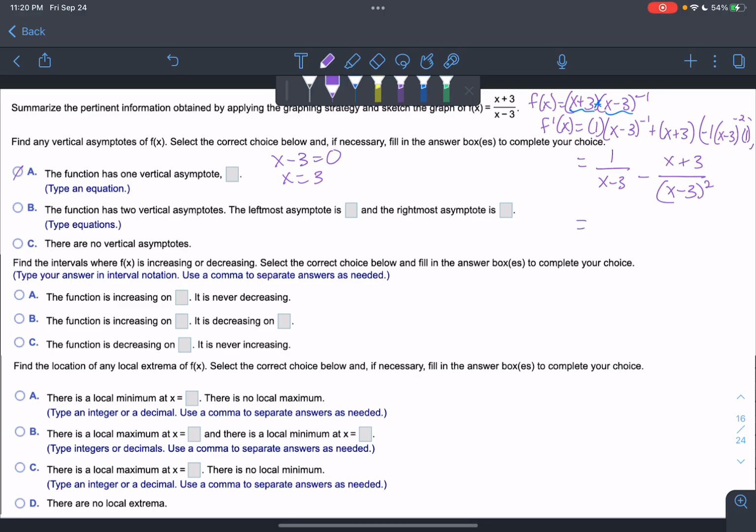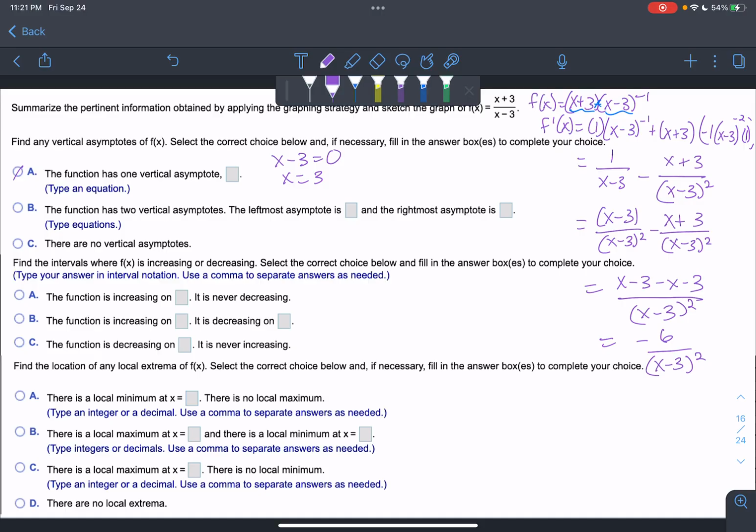So again, I'm going to find a common denominator, that's x minus 3 squared. So I'm just going to multiply that 1 by x minus 3 to get that. And so now I can combine my fractions like so. And so I get negative 6 over x minus 3 squared.